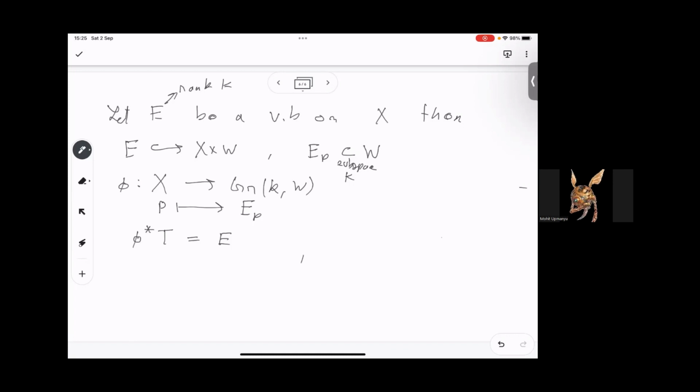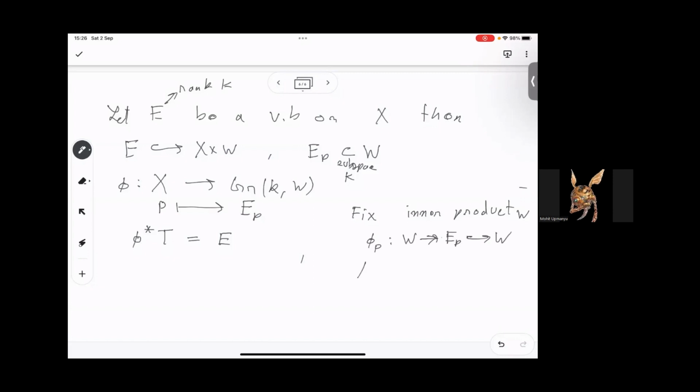Again, for continuity, fix an inner product on W, and then we can define the orthogonal projections from W to E_p, which is sitting inside W, so it's a map from W to W. So we can take the orthogonal projection.